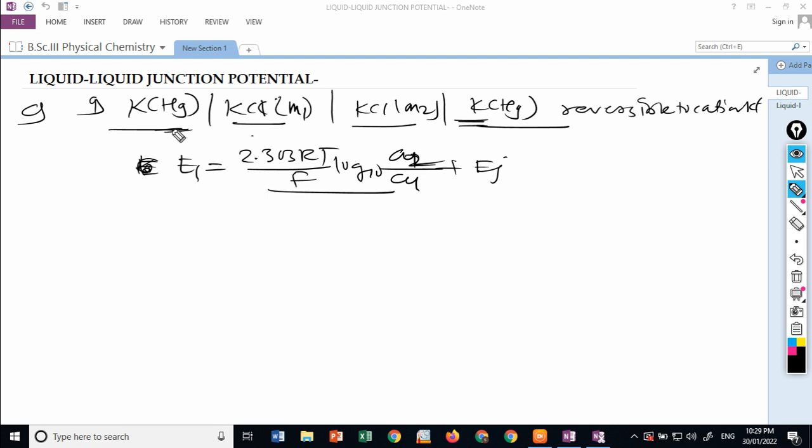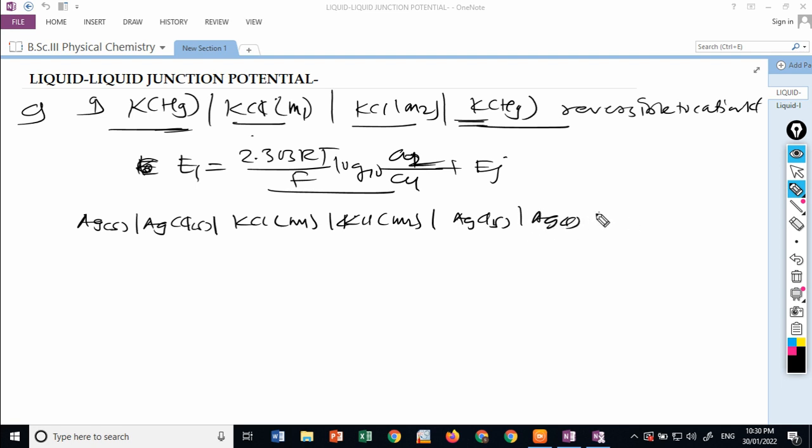If the same cell is made reversible to the anion, then we can write Ag solid, AgCl solid, KCl M1, KCl M2, AgCl solid and Ag.